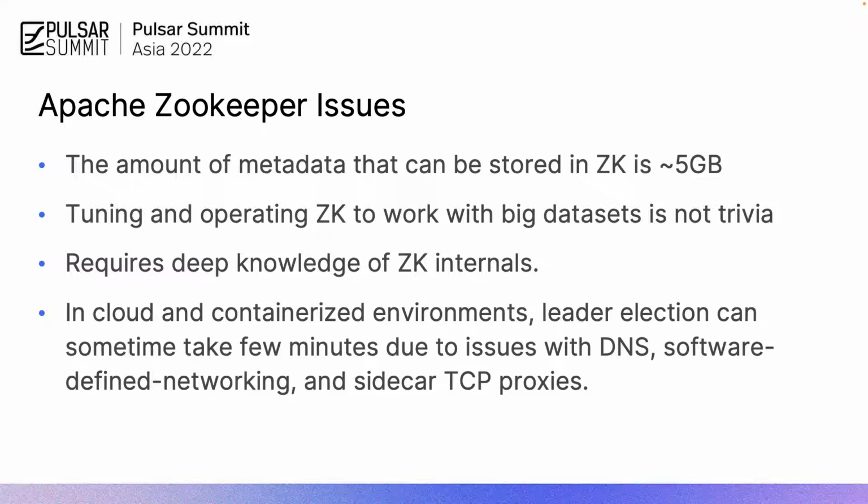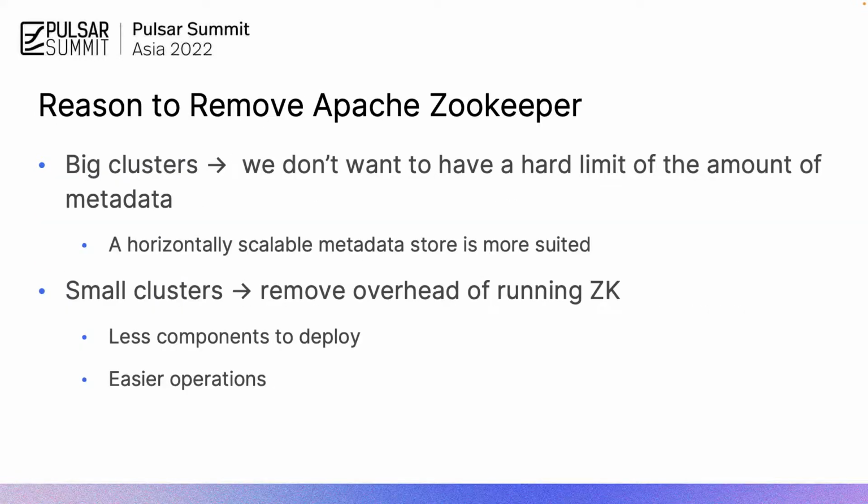And last but not least, ZooKeeper was not designed to run in containerized environments such as Kubernetes, and this can cause significant network issues. It was always designed to be run in a physical environment, and networking things such as sidecars and DNS and software-defined networking can prove challenging when trying to get ZooKeeper to function properly in these networking environments.